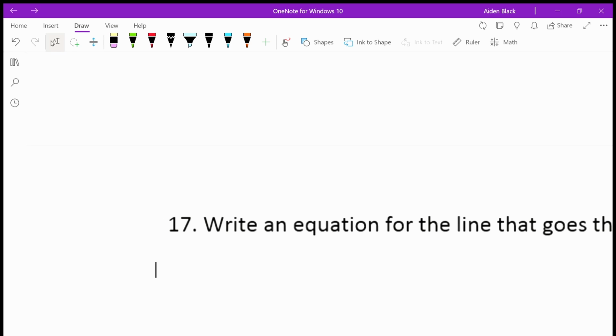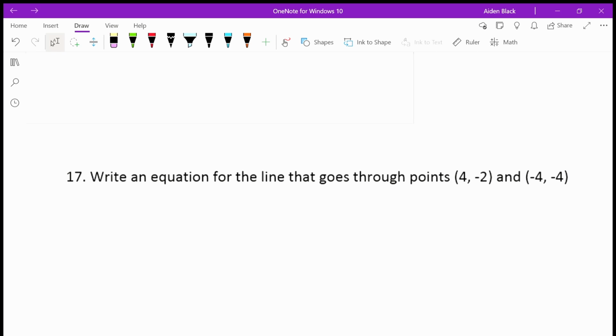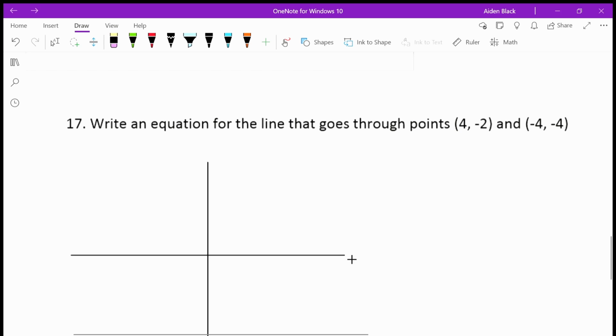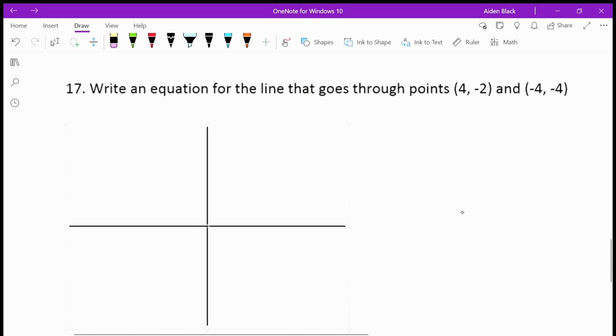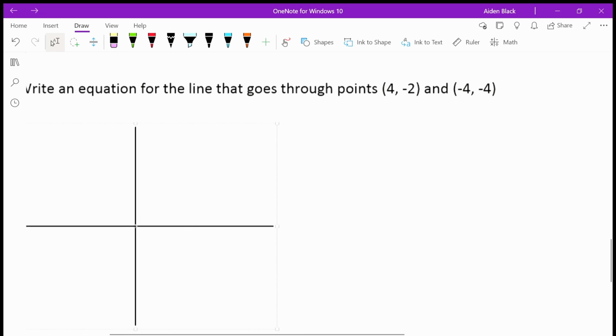Okay, so write an equation for the line that goes through these 2 points. So once you have 2 points, you have a line, right? So we can graph this if we feel like it. Right, so we have 4, -2, and -4, 4.